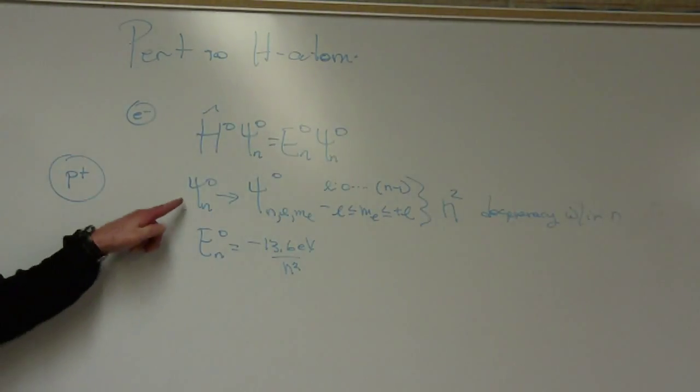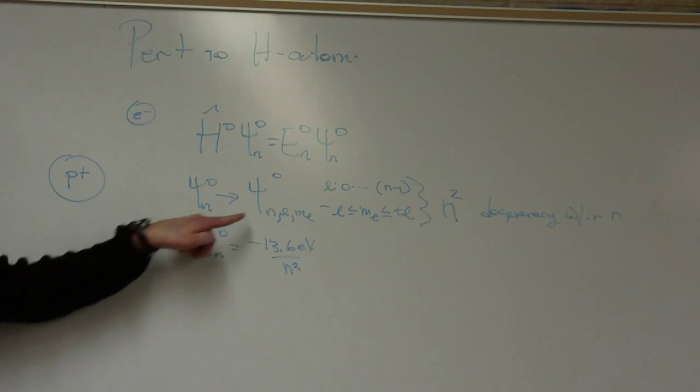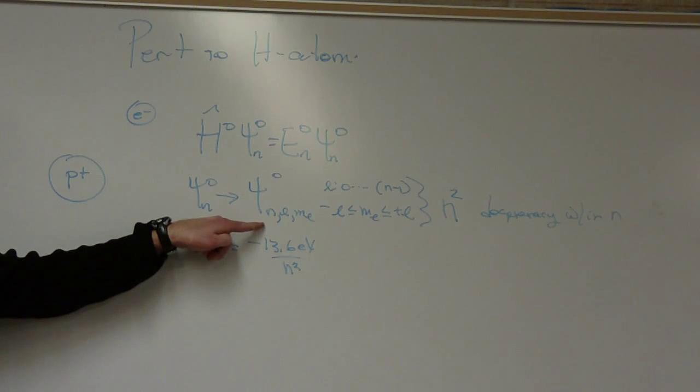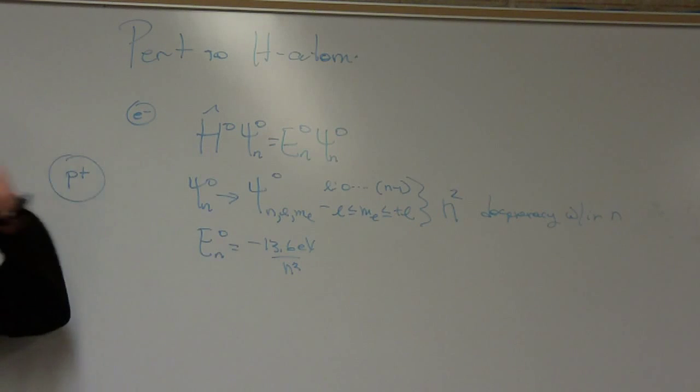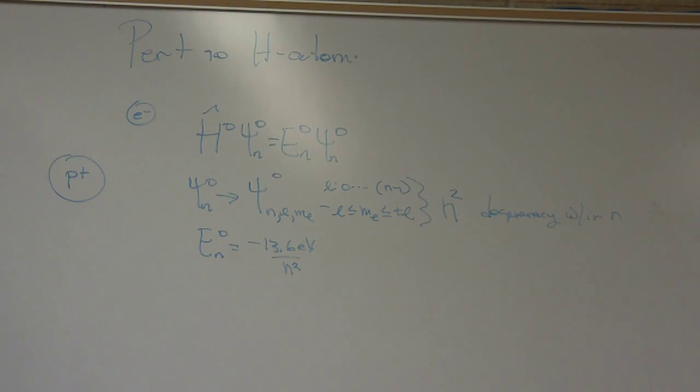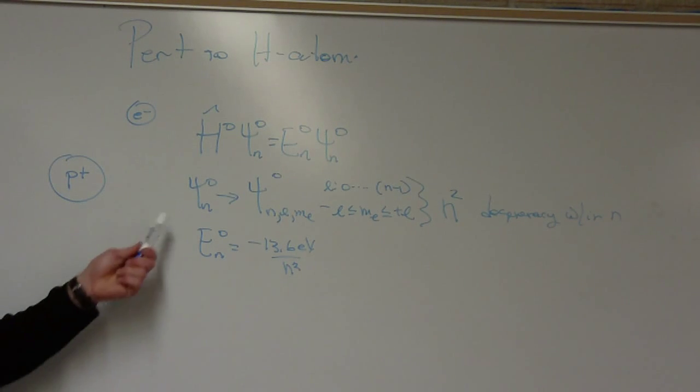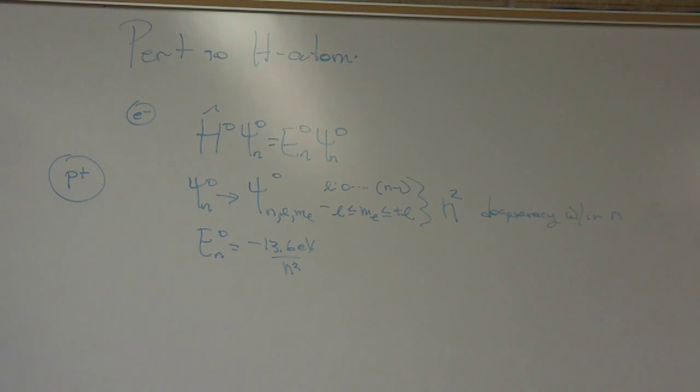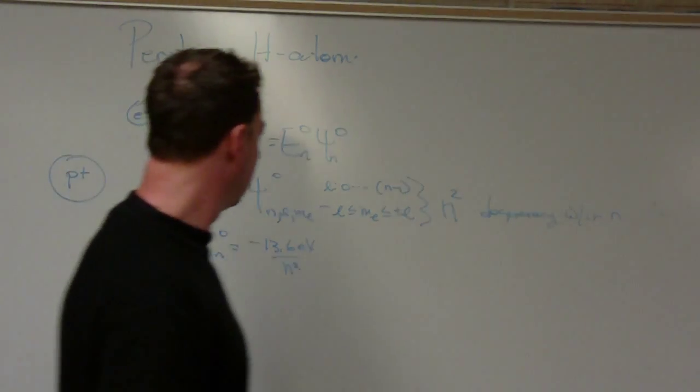So in other words, this psi n really represents n squared bases, right? So it's complicated. But to me, it's still great that we have this complete analytic solution to the hydrogen atom. I mean, that's great. Everybody okay?